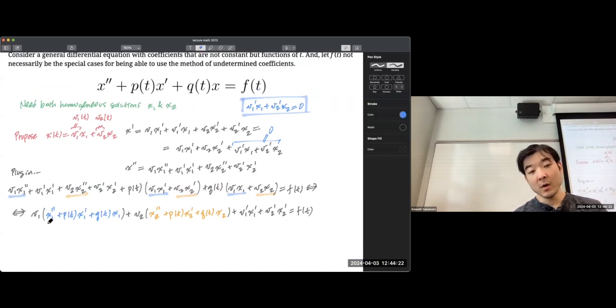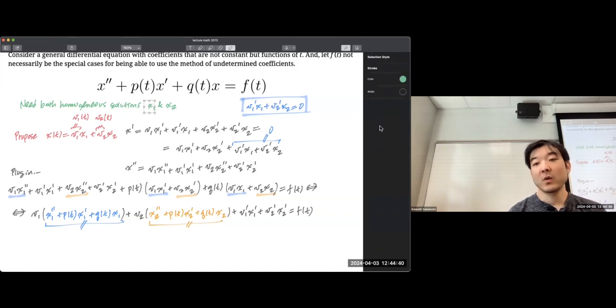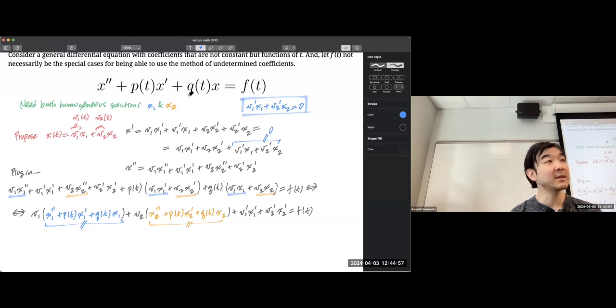Is there something we know that this whole blue thing must equal, as well as this whole orange thing? Keep in mind that x1 and x2 are homogeneous solutions to this differential equation. Because if you think about it, if you're plugging in x1 into this one, and this one, and this one, given that x1 is a homogeneous solution, that's exactly the left-hand side.